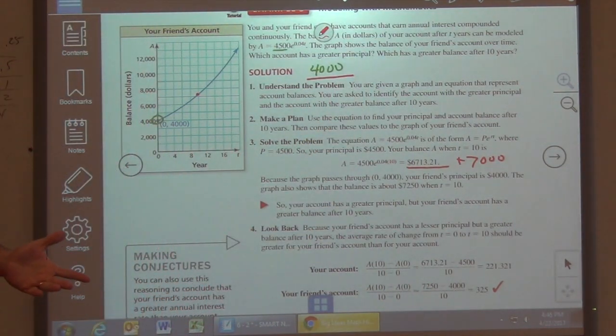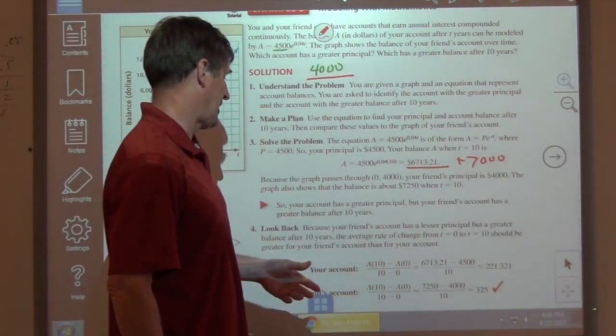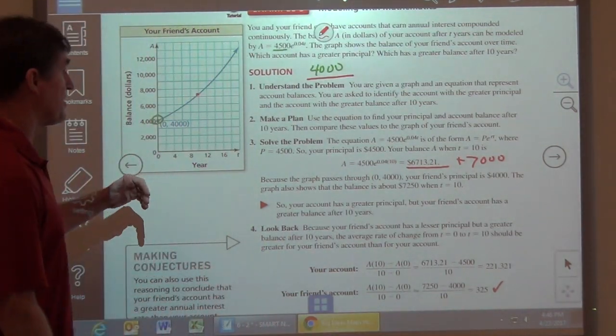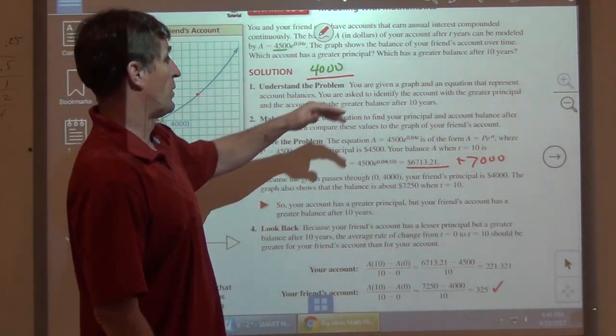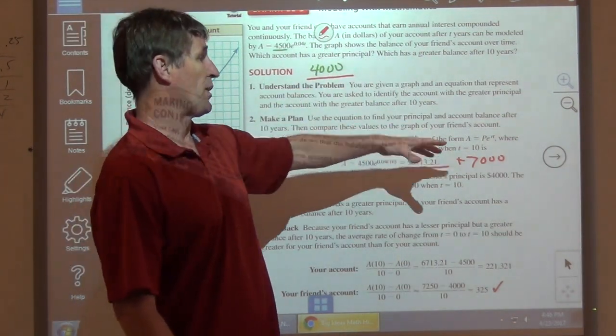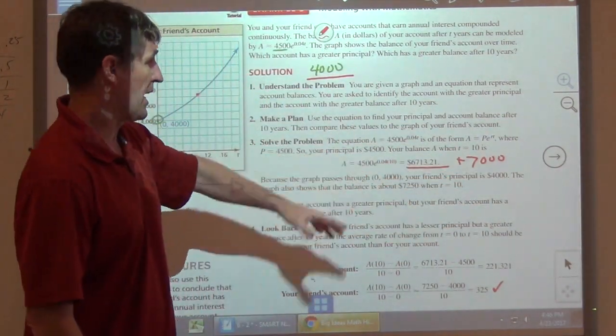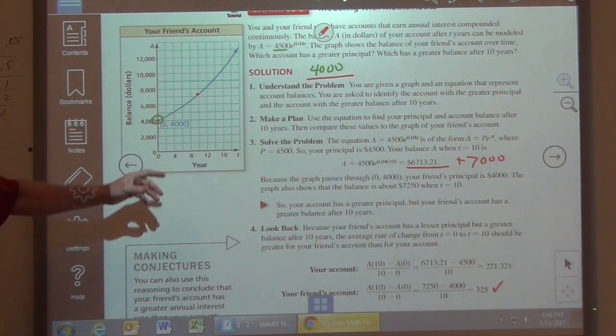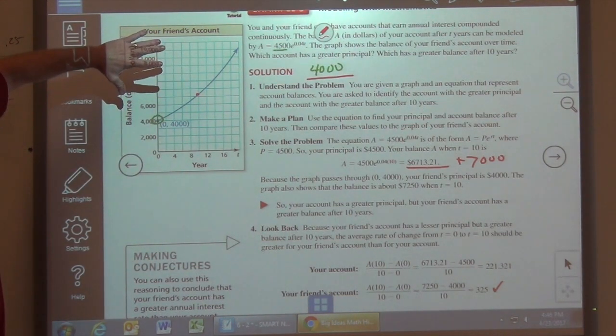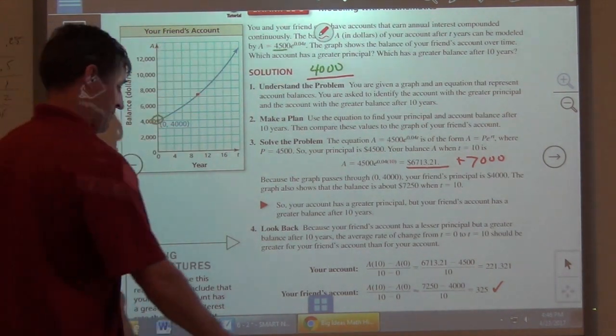So what do we know about the interest rate? The interest rate has to be higher. Even though we don't know their interest rate exactly, and we could calculate that, we do know that your friend is getting a higher interest rate than you are.